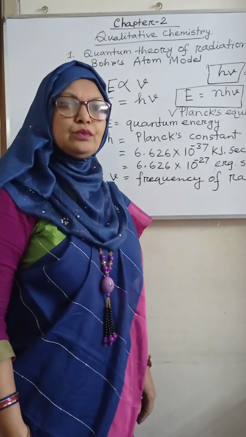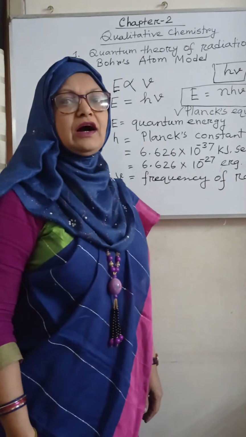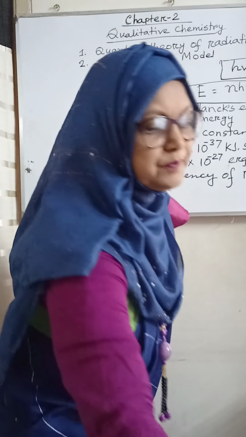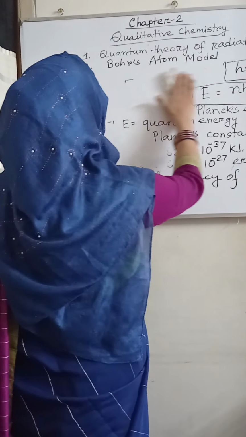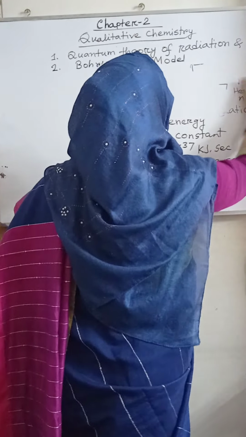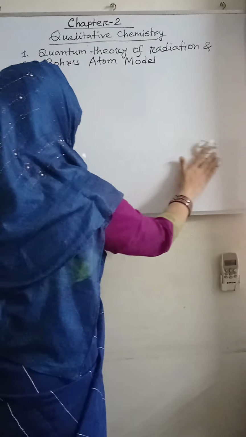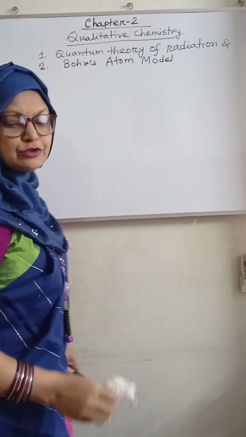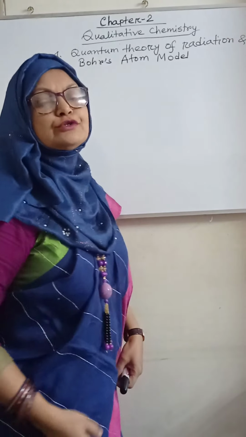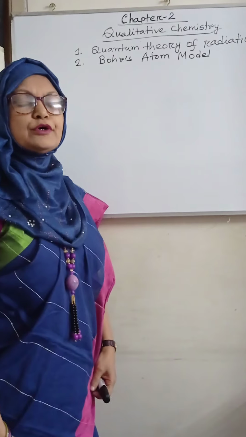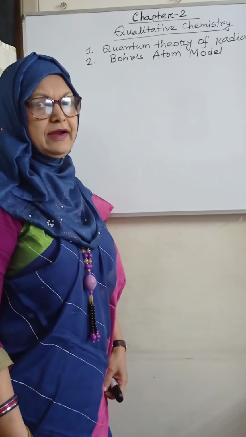Now we will move to our next topic, Bohr's atom model. Bohr's atom model has three main postulates: postulates of energy level, postulates of angular momentum, and postulates of radiation of energy.